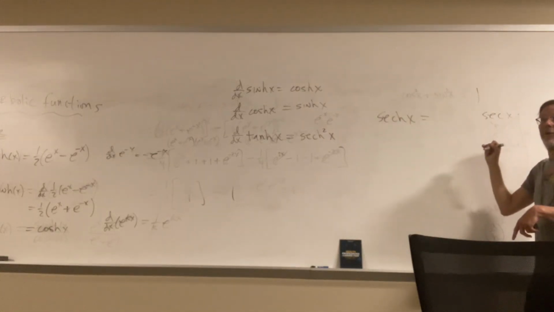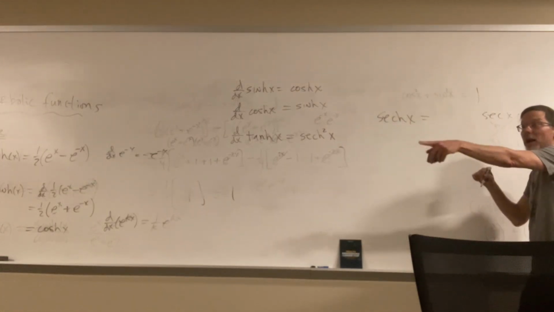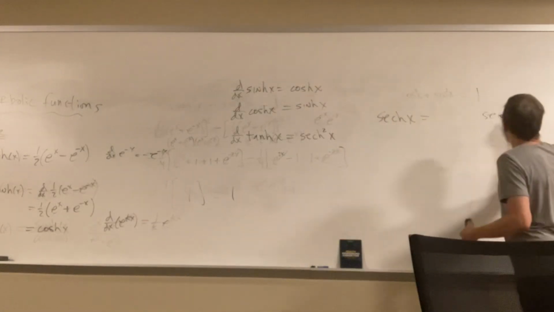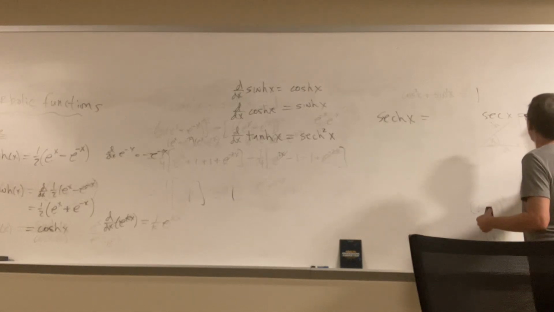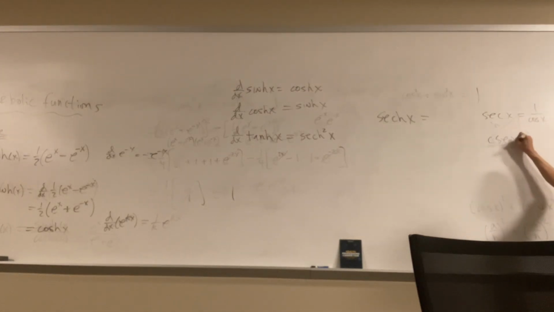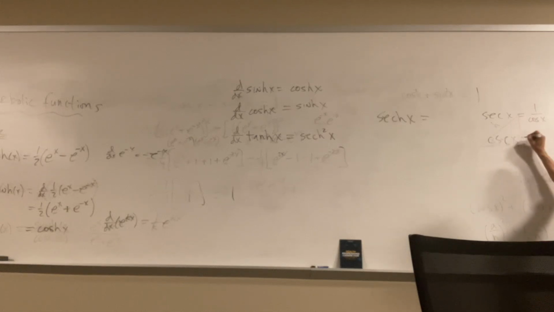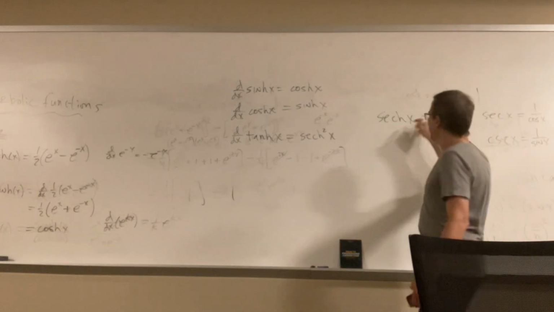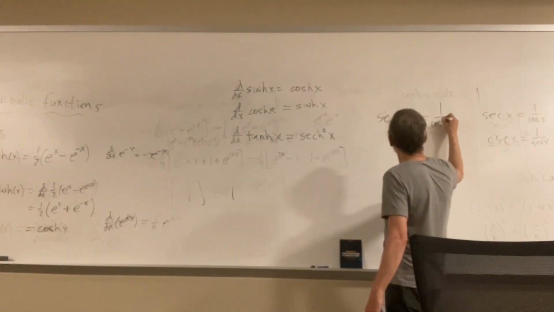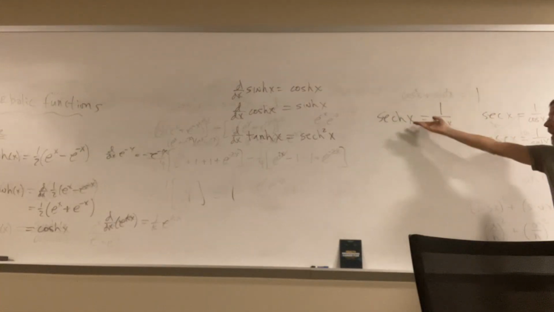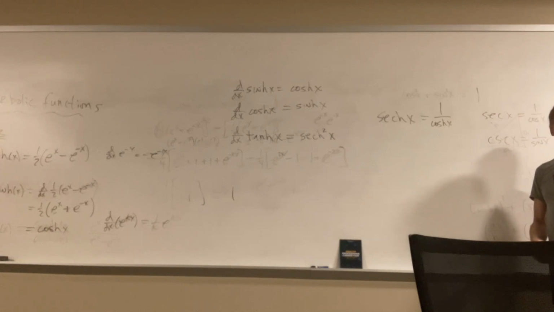It's 1 over cos. Cosecant is 1 over sine. It's kind of the opposite of what you would think, a little flipped. So hyperbolic secant is 1 over hyperbolic cosine. You just take that definition, you flip it, now you understand that.